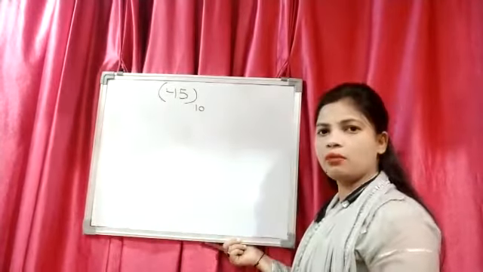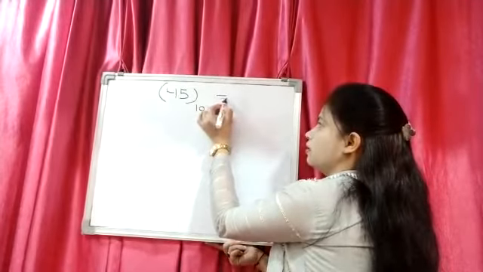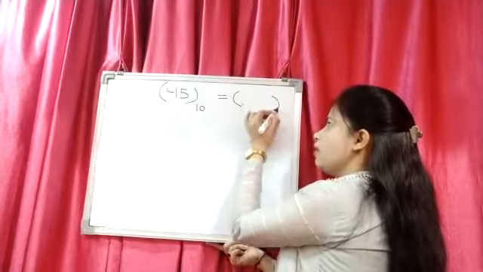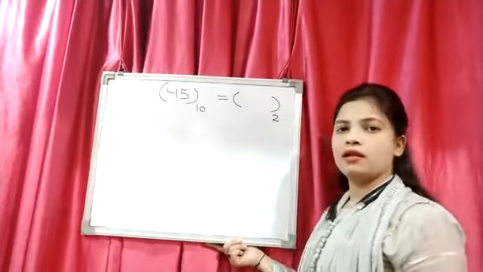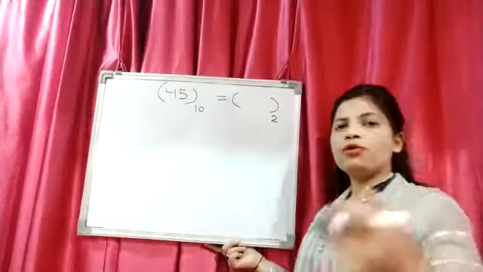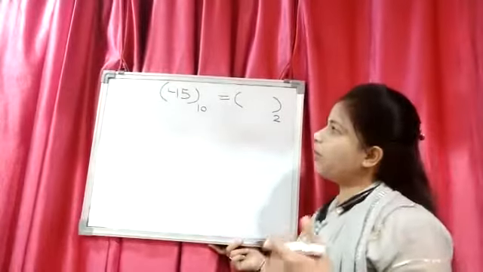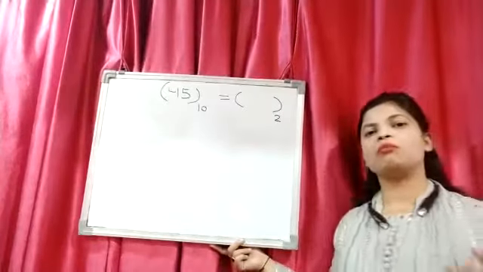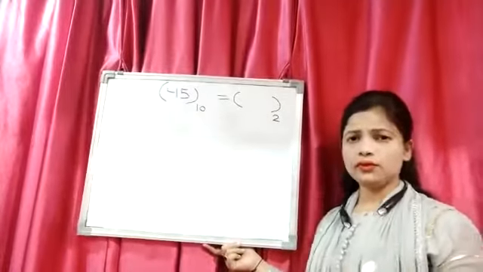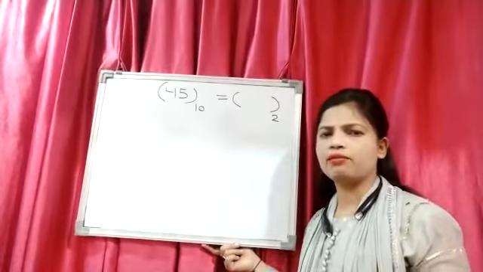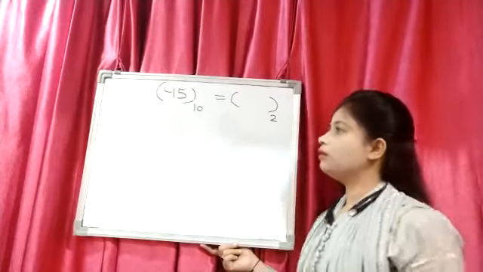It is a decimal number and it is converted into binary number, binary number to the base 2. How can it be converted? If we want to convert the decimal number into binary number, divide the given number with the base 2, store the remainder, and the remainder will be the answer. So, steps are followed here.